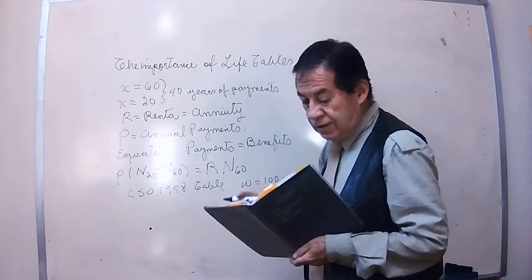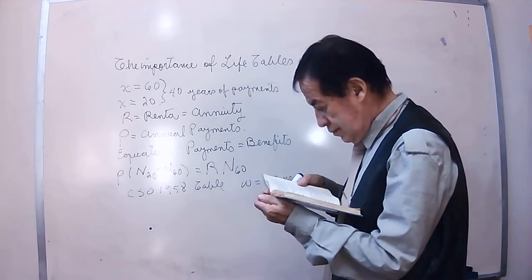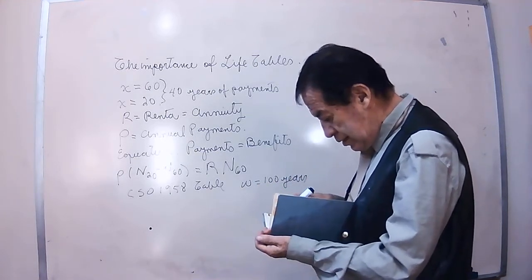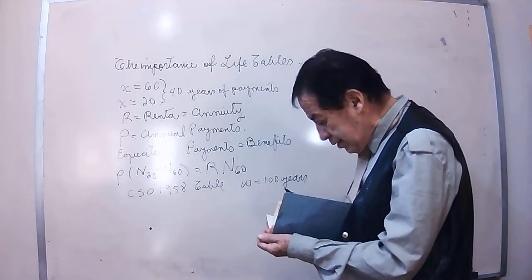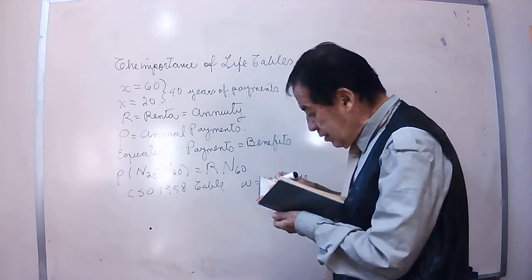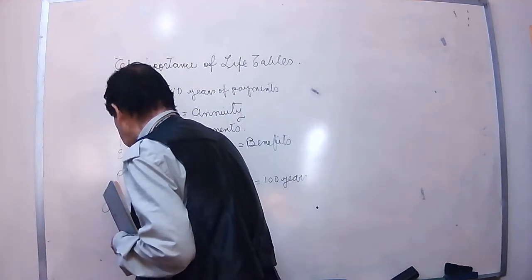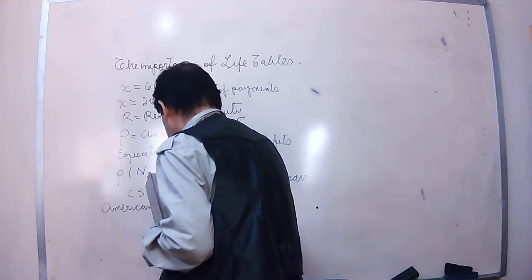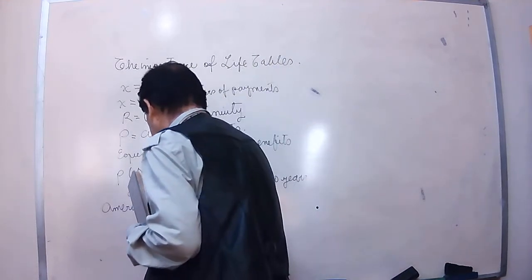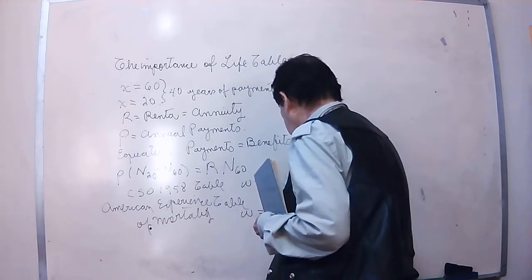And we're going to use another table, which is the American Experience Table of Mortality, where the final age is only 95 years.